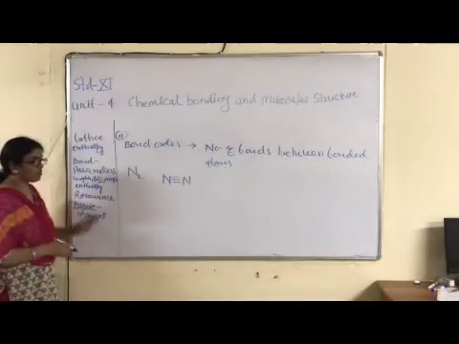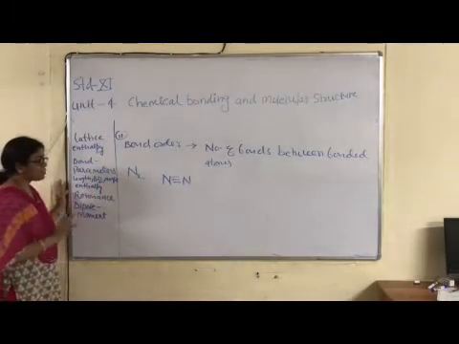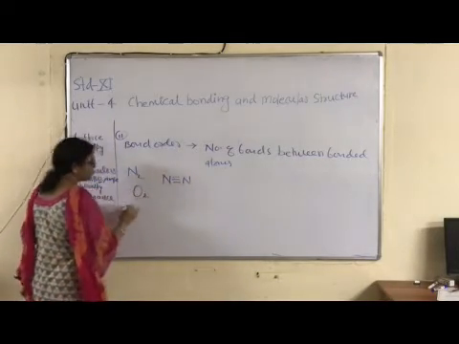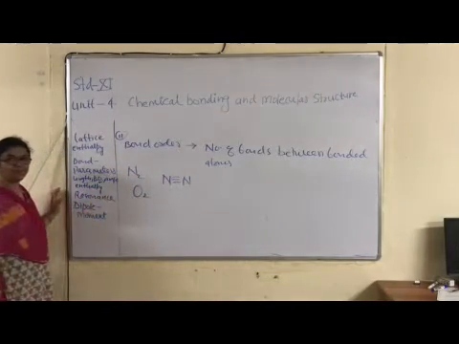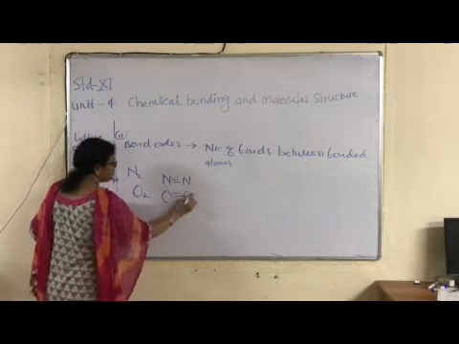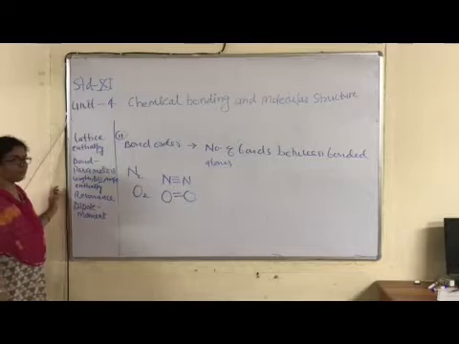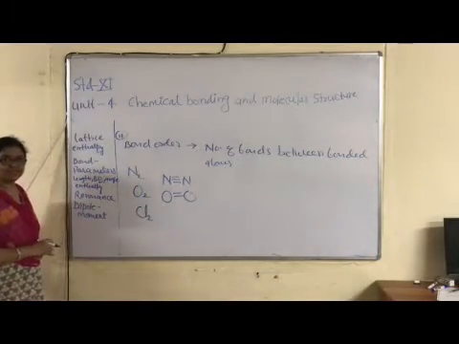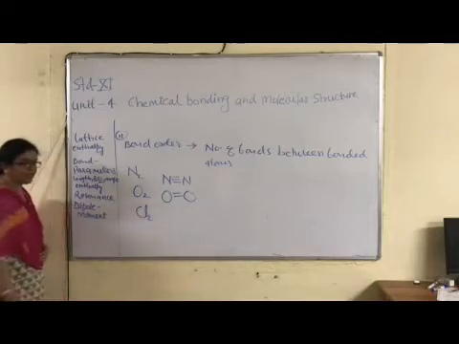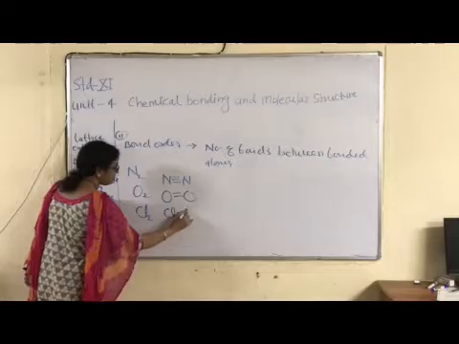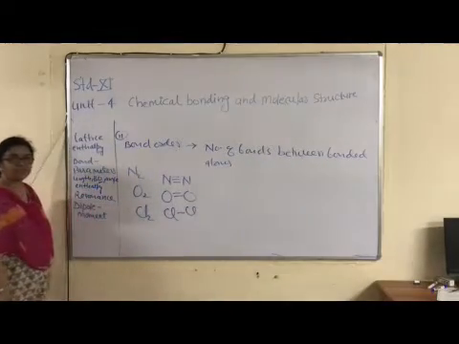What is its bond order? 3, right? 3 bonds are present between 2 nitrogen atoms. Oxygen. This one is also diatomic. 2 atoms are present, but its bond order is 2, right? Chlorine. This one is also diatomic. 2 atoms of chlorine are present, but the bond order is different. Bond order is 1. Okay, children?